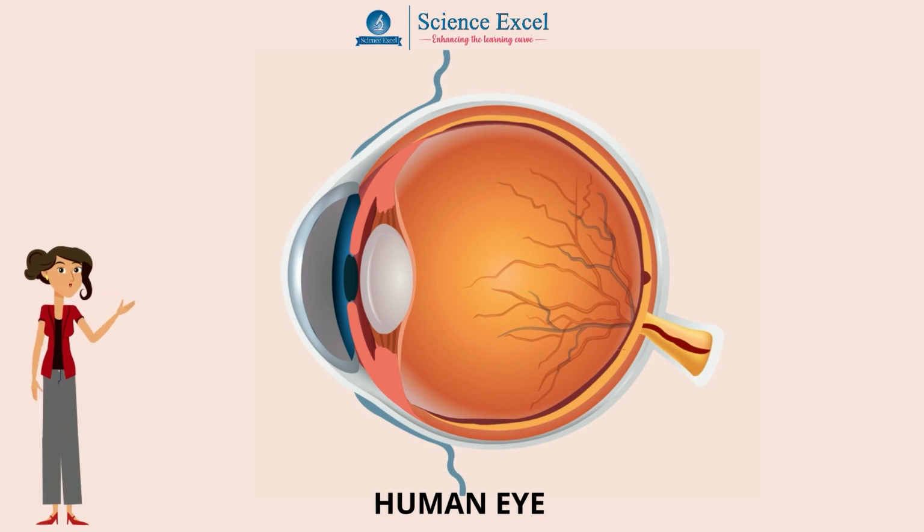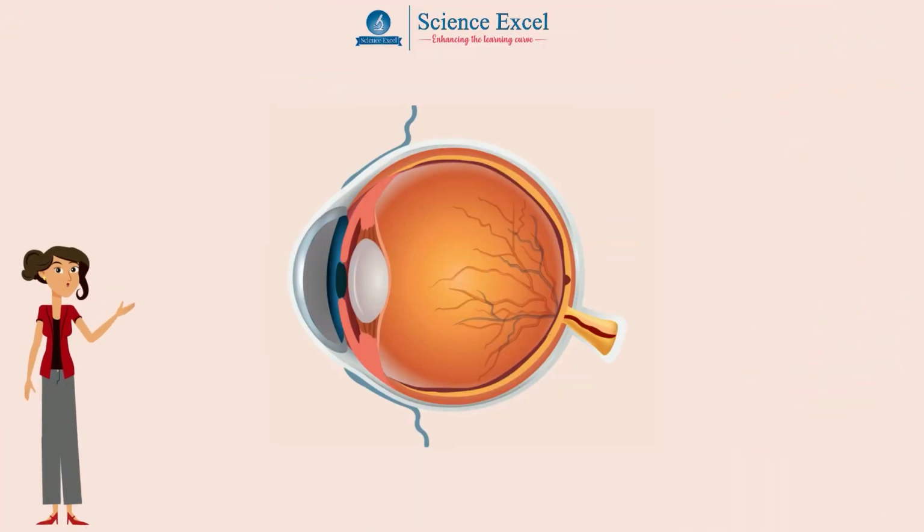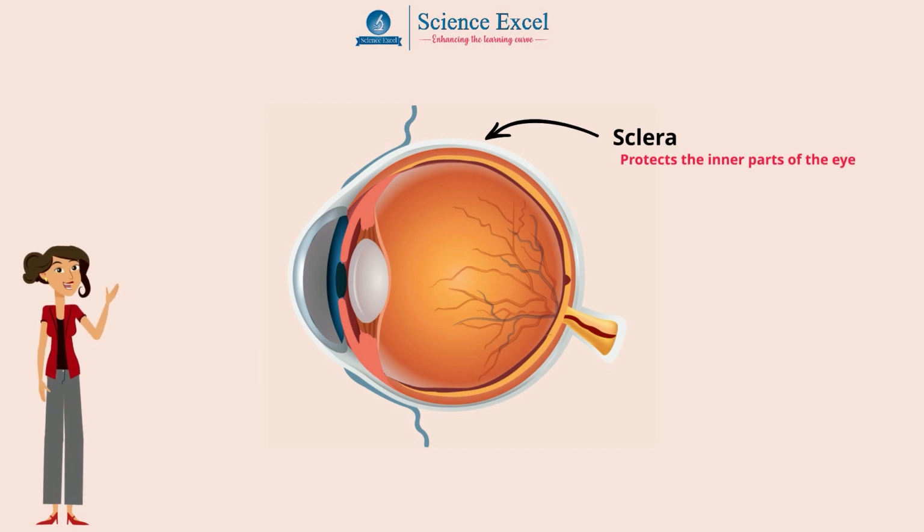Now let us understand the different parts of the eye and their functions. The outer covering of the eyeball consists of a relatively tough white layer called the sclera, which protects the inner parts of the eye.